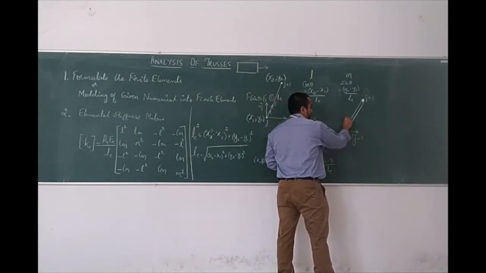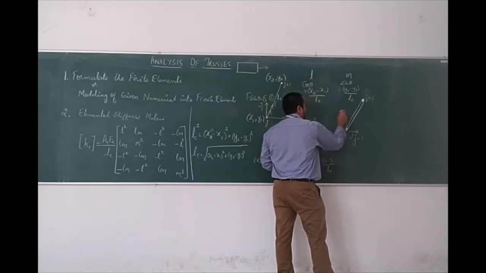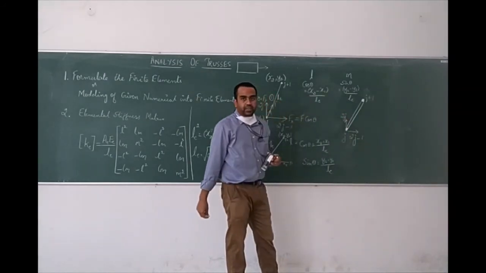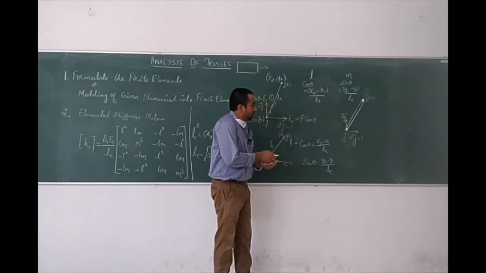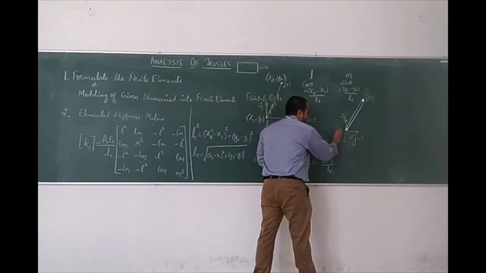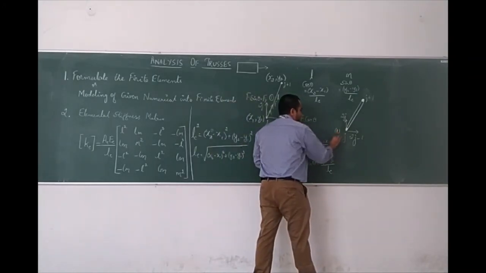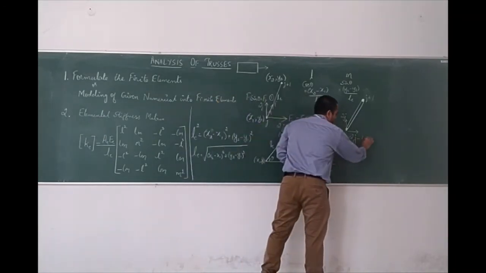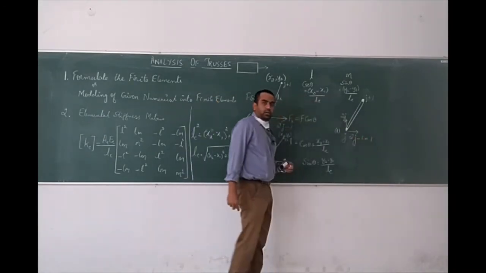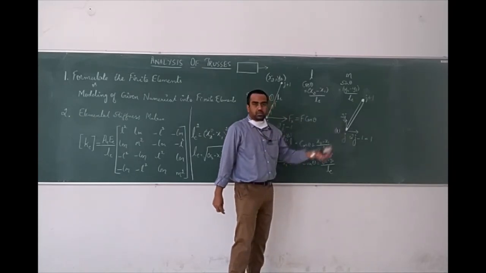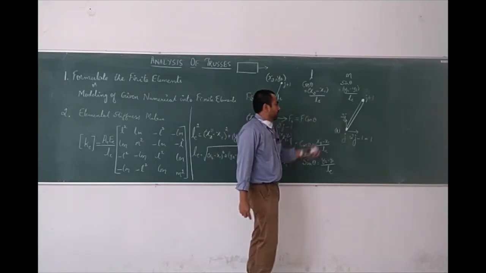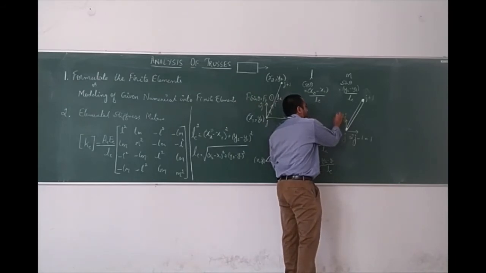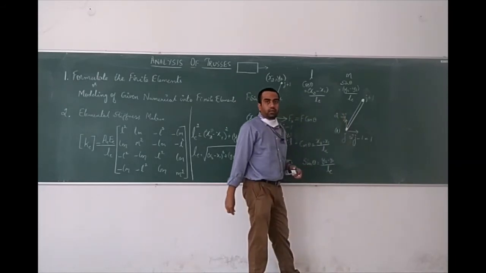The numbering I have written down: the displacement along the y direction will be equal to 2J. So when I substitute the node number as 1, 2J minus 1 will give me 1, that is 2 into 1 minus 1. 2J will give me the value 2.